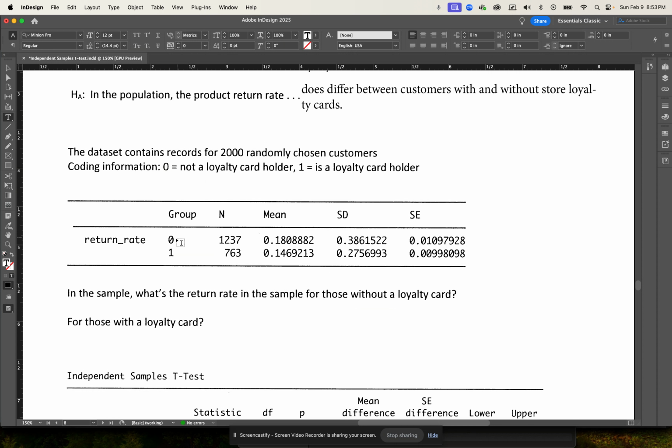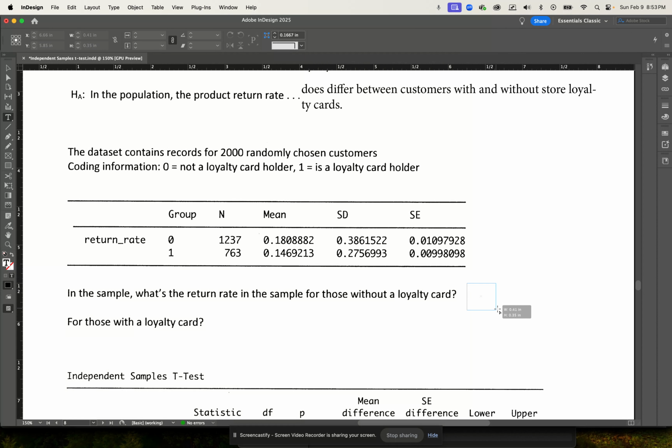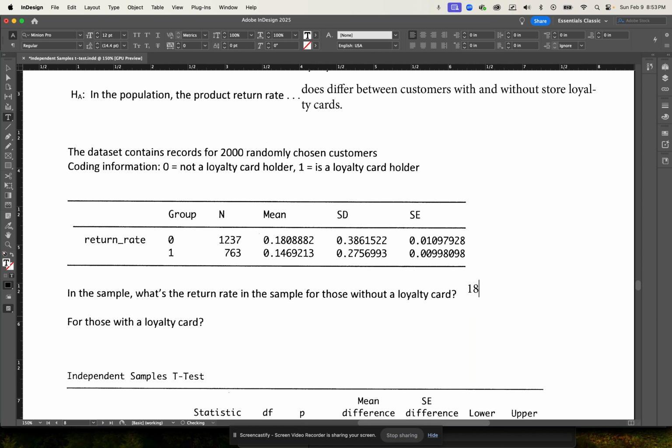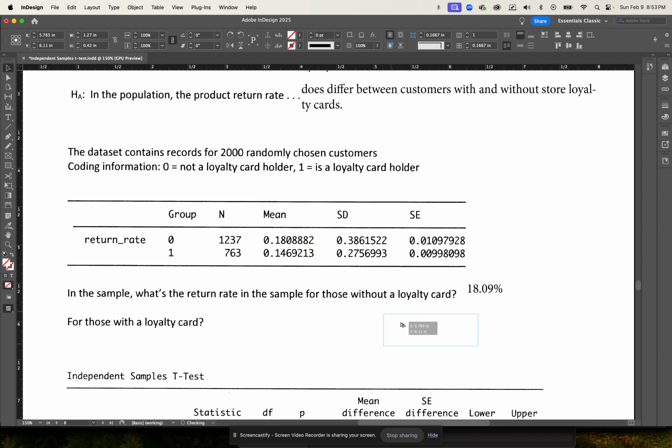So that would be group 0. Well, their return rate would be this right here. It's a percentage, so it's 18.09%. And then for those with a loyalty card, it would be 14.69%.